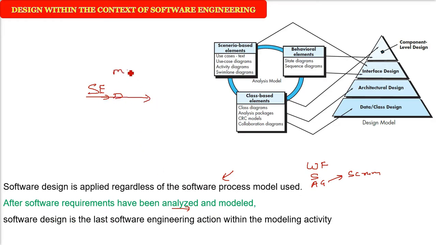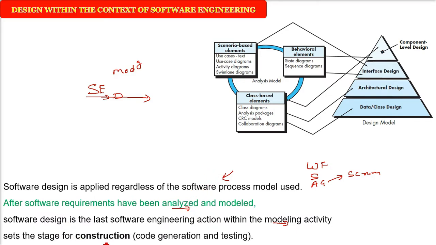You can regard software design as the last software engineering action where you do the modeling, because requirement modeling you have done already, and software design is also a modeling. Now you have created the models for software and you are set for construction, that is actual coding and then testing. The code generation will only be fruitful when you have a good software design.